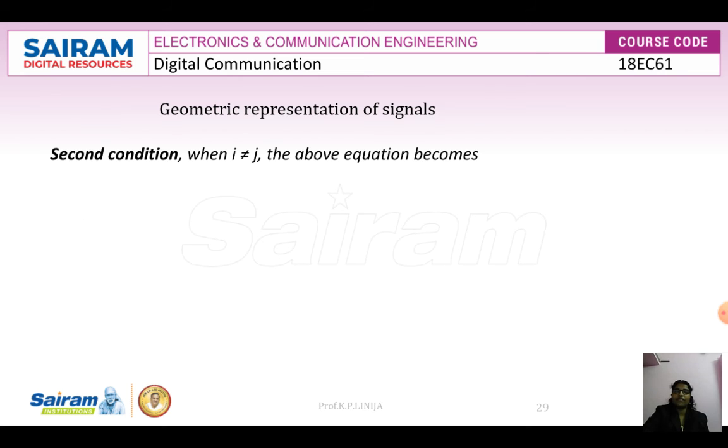Coming to the second condition, if i is not equal to j, the above equation can be rewritten as integral 0 to T phi i of t into phi j of t dt equal to 0.